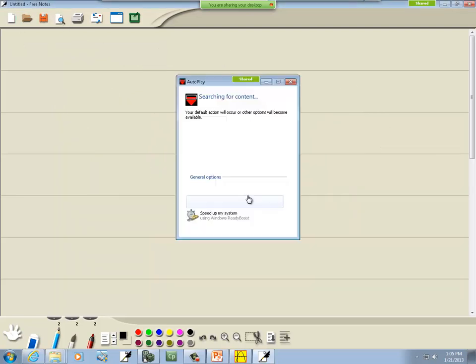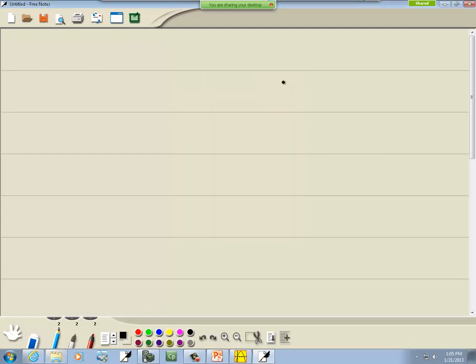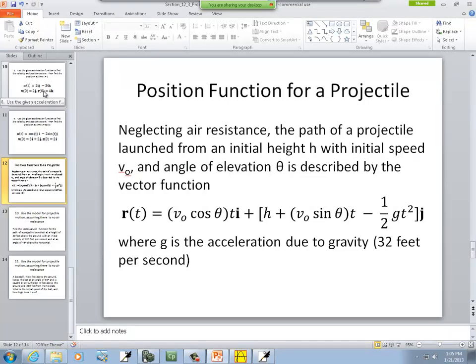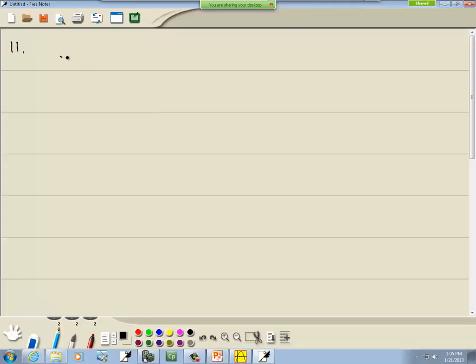Let's take a look at another problem. Number 11. Okay, a baseball hit 5 feet above the ground. So here we are, initial height, 5 feet. So they're telling us h is 5. So it's hit here.